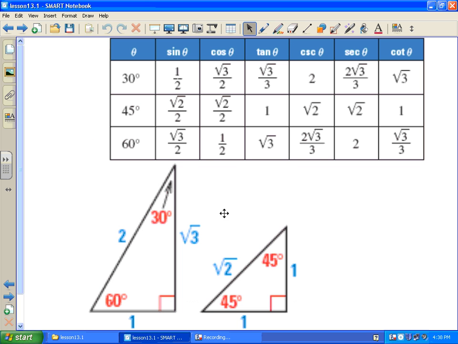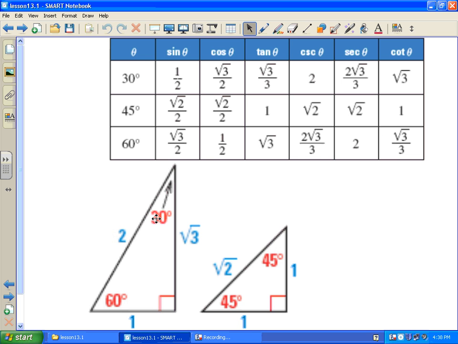So for example, if I know that in a 30, 60, 90 triangle, the ratio of sides is 1, 2, square root of 3. In other words, I look at this triangle, the shortest leg is the side opposite the 30-degree angle. That has length 1 in this case.